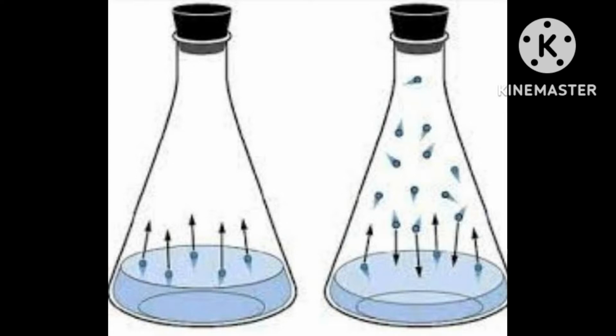If we expose these watch glasses containing separately 1 ml each of acetone, ethyl alcohol and water to the atmosphere and repeat the experiment with different volumes of the liquids in a warmer room, it is observed that in all such cases the liquid eventually disappears, and the time taken for complete evaporation depends on first, the nature of the liquid, second, the amount of the liquid, and third, the temperature.